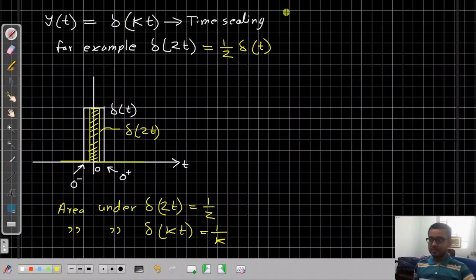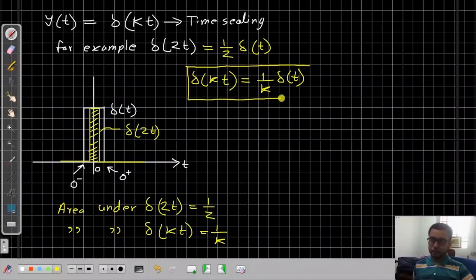Similarly, delta of kt is equal to 1 over k delta t, and this is again a very useful result that you should remember.